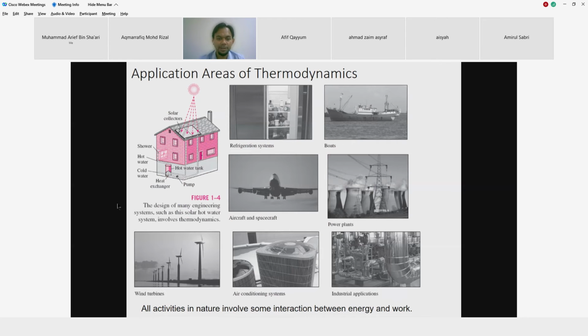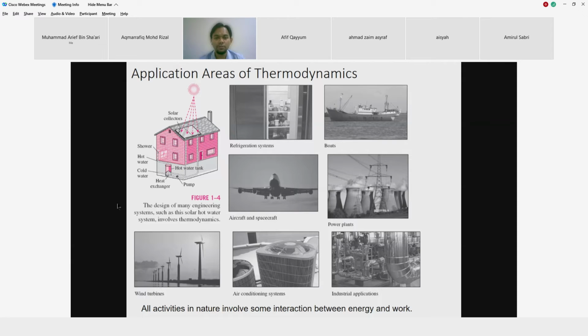Next, here are several applications that are related to thermodynamics. First, a house that has solar collectors, a shower, hot water, cold water, a heat exchanger, and a pump. All of this deals with thermodynamics. Second, the refrigeration system.